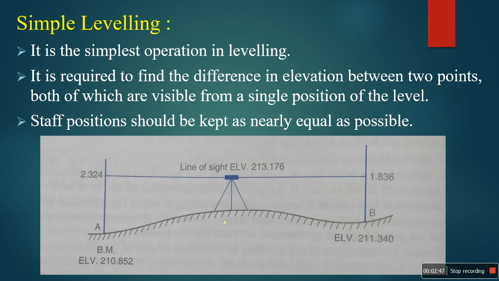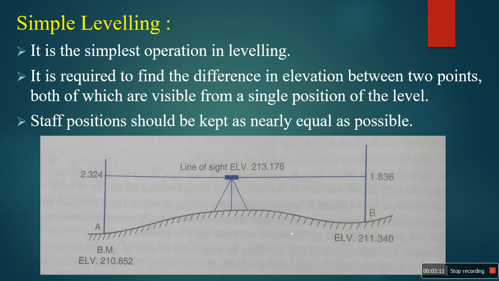With only one setup you can collect the difference in elevation of these 2 points. These two staff stations are very near to the instrument as well as to each other.